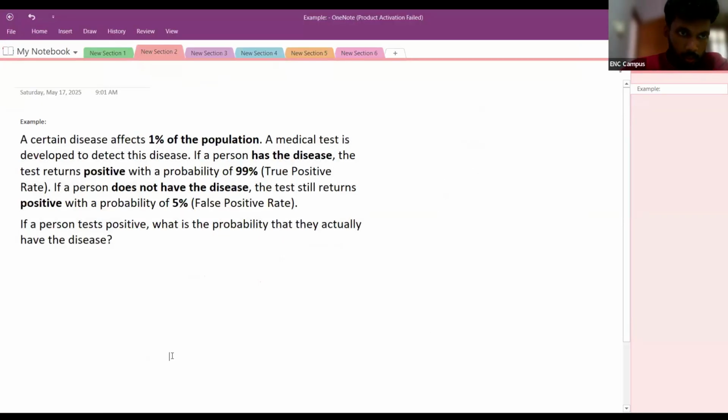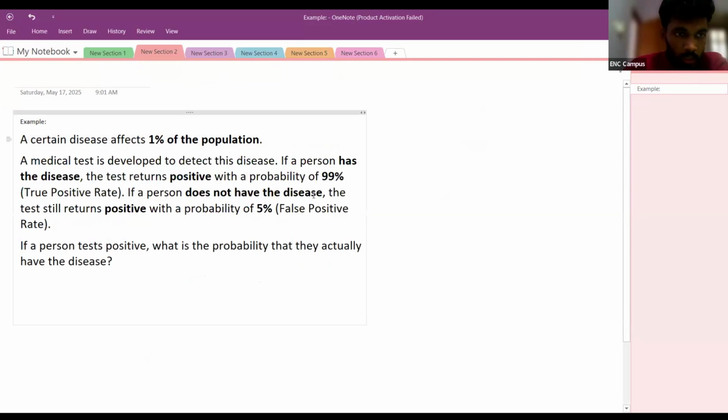A certain disease affects 1% of the population. A medical test is developed to detect this disease.